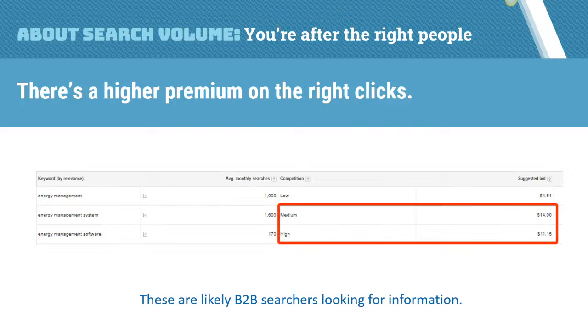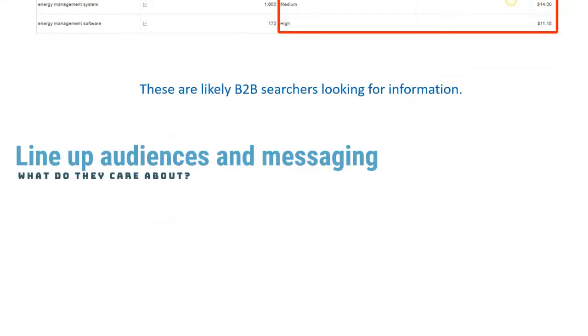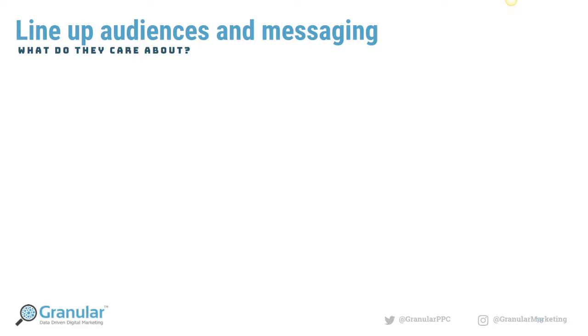They're likely B2B searchers. We don't want B2C. We don't want homeowners necessarily. These queries signal that intent, that's the audience we want. When you have these keywords that you prioritize, you want to line up your audiences and messaging with the keywords that people are searching for.